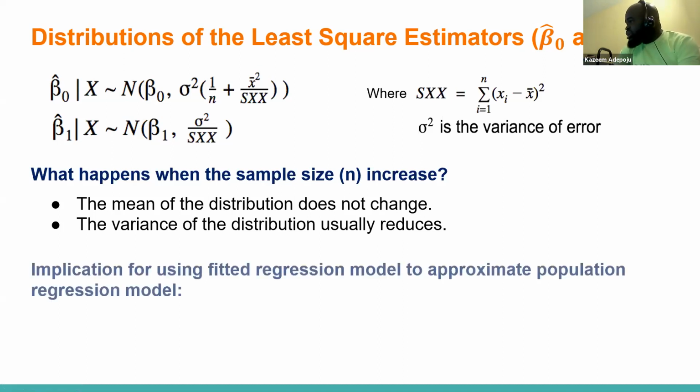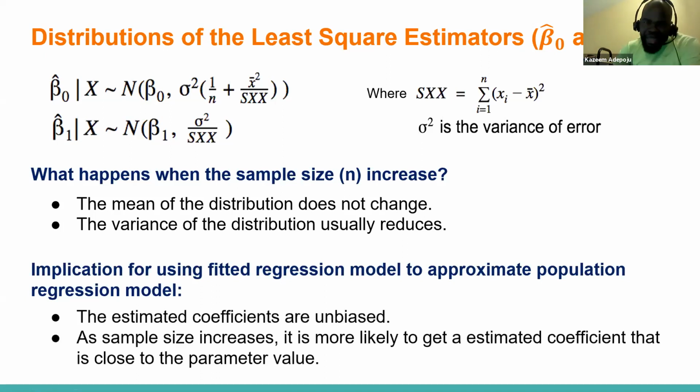Now, implication for using fitted regression model to approximate population regression model. Now you're going to see the implication right now. Number one, the estimated coefficients are unbiased. Let me explain this. We are actually seeking to get a population regression model.